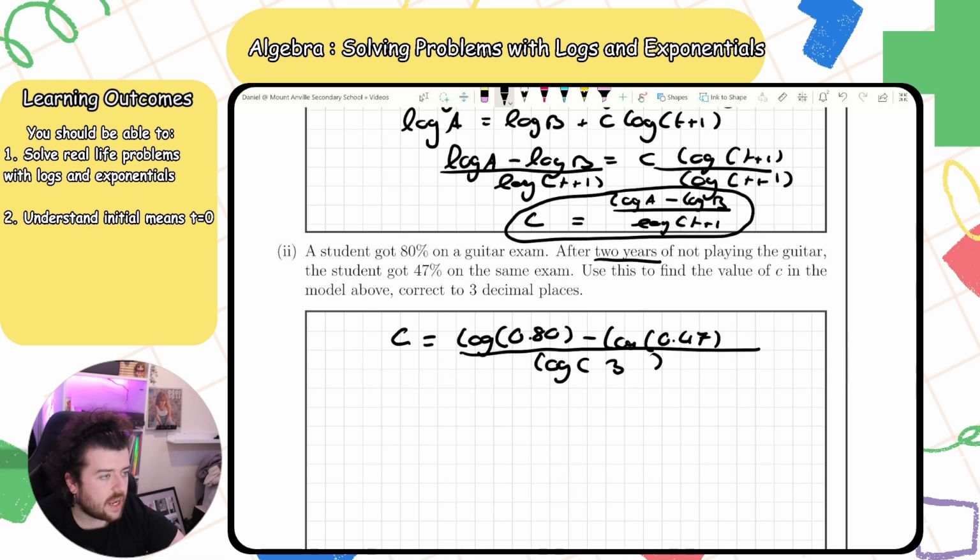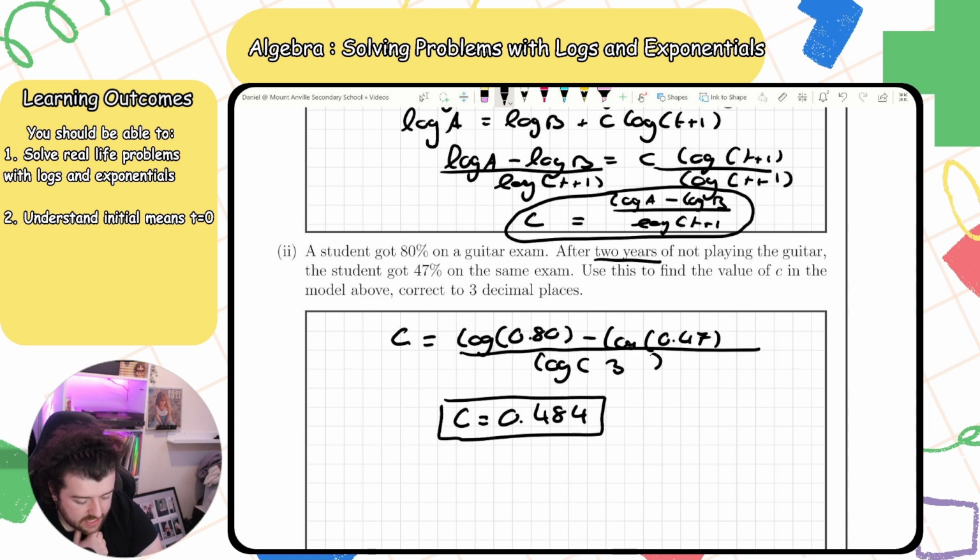Right, so put them in the calculator. Log 0.8 minus log 0.47, all over log 3. And we get c is equal to 0.484. That is what c is equal to.